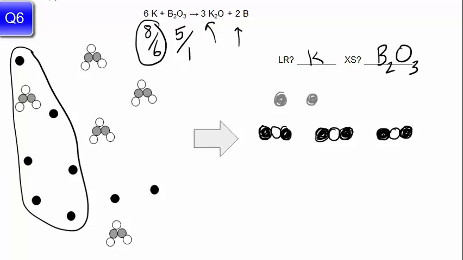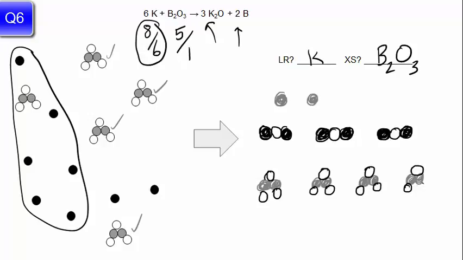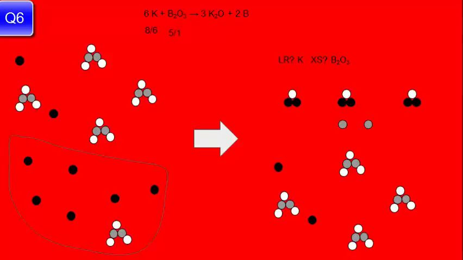And there you go. But you have to make sure you're drawing your leftovers as well. So I'm going to draw these B2O3s that are left over. And then we have the 2 Ks left over as well, which are right here. Okay, and you can see that on the next slide.